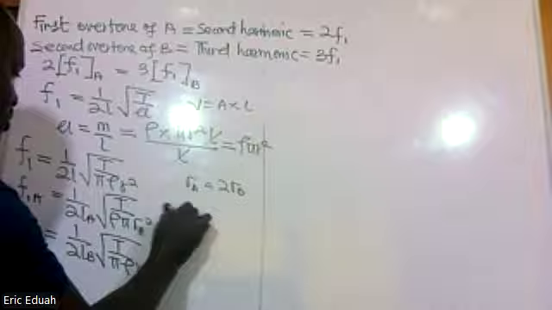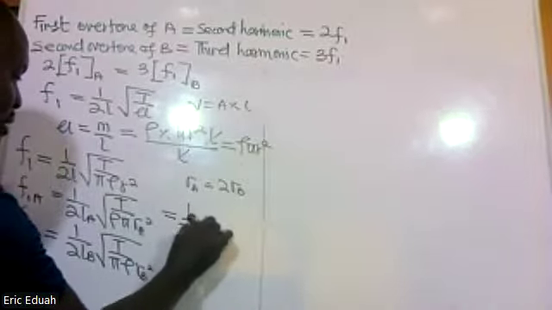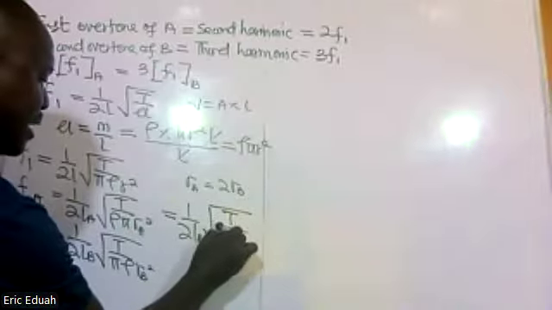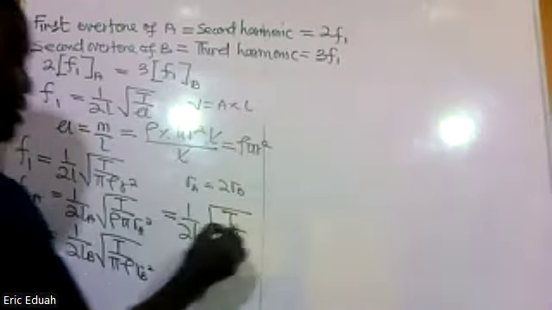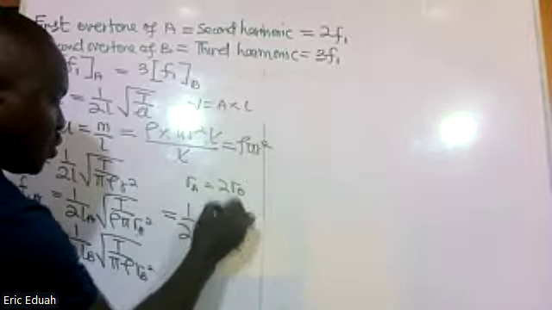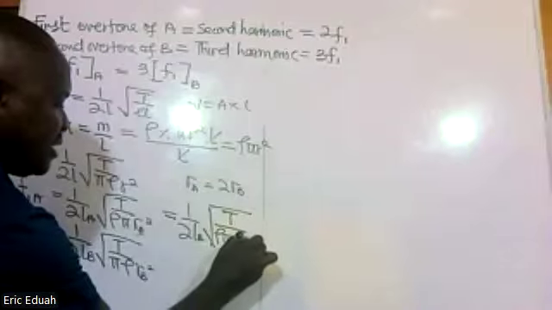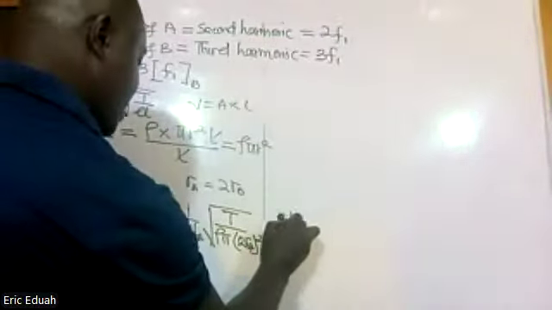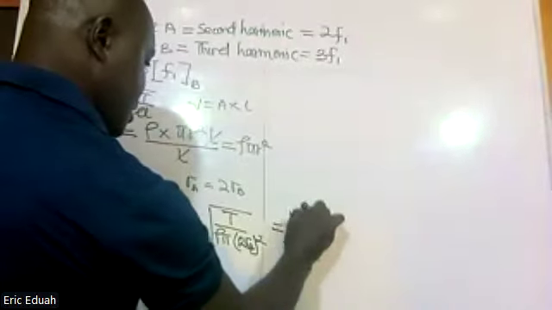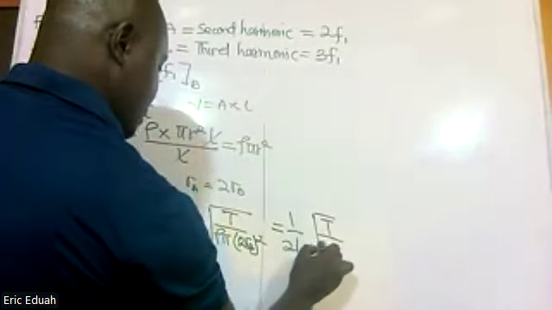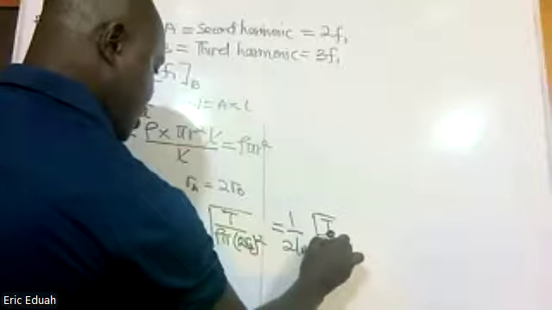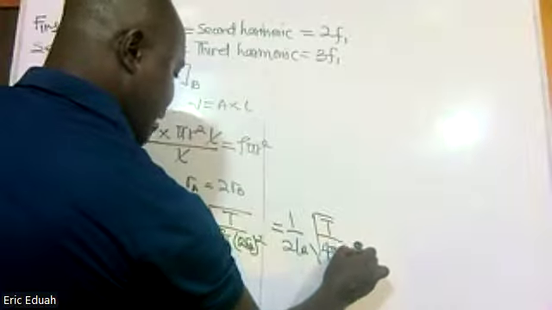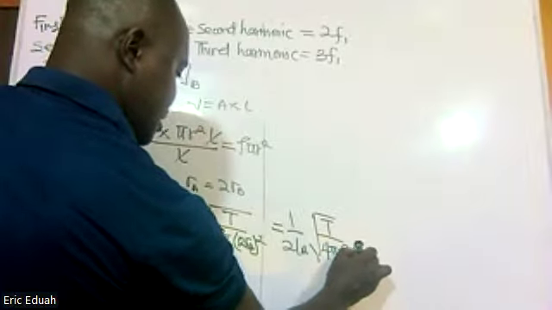So 1 over 2 L of A, T on rho pi, this is R of A squared, so 2 times R of B squared, which will give us 1 on 2 LA, T on 4 pi rho R of B squared.